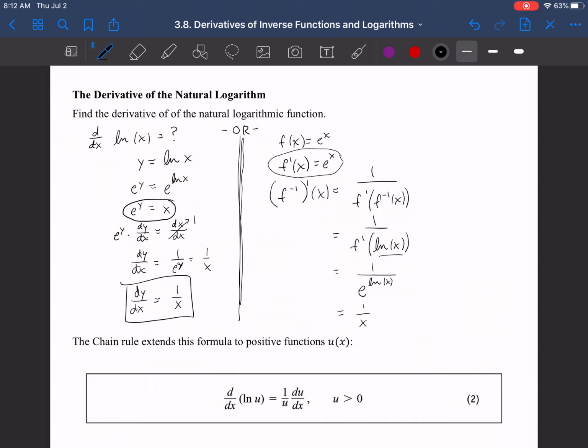All right? So if we combine this with the chain rule, we get this right here. The derivative of the natural log of u, assuming that u is a function of x, is just 1 over u times the derivative of u, where u is a function of x, right?